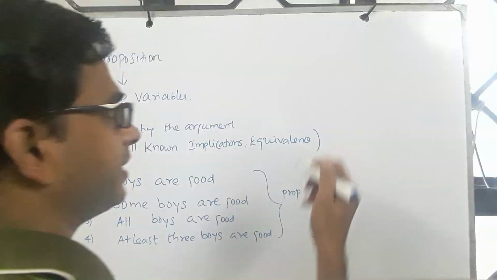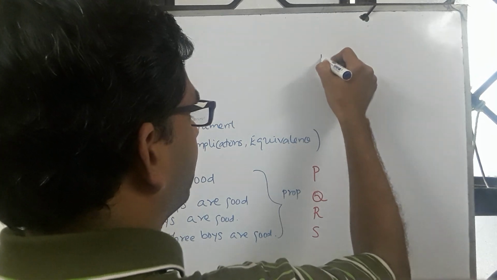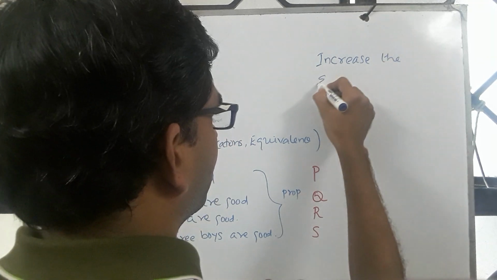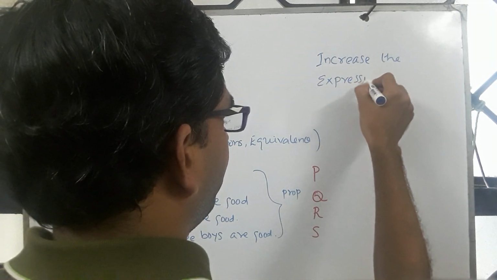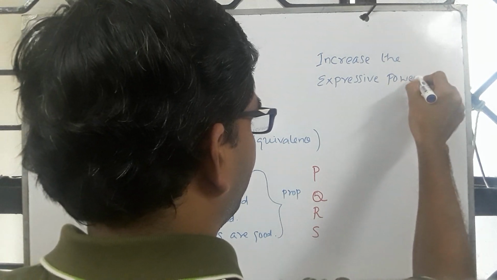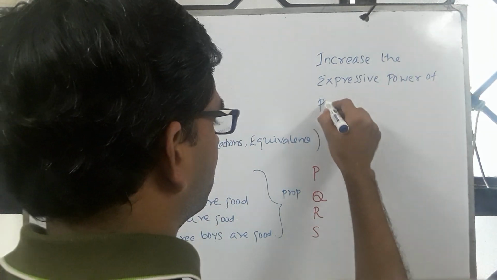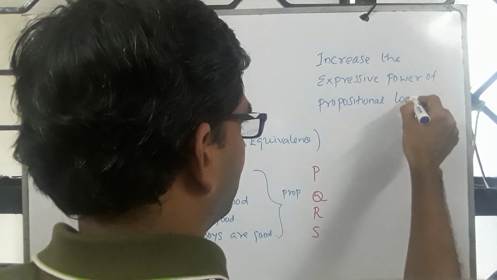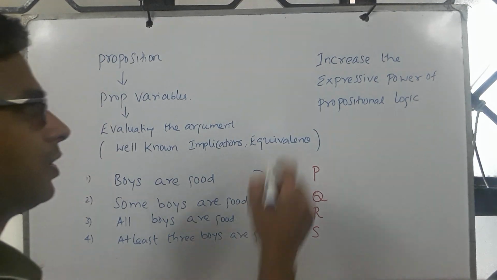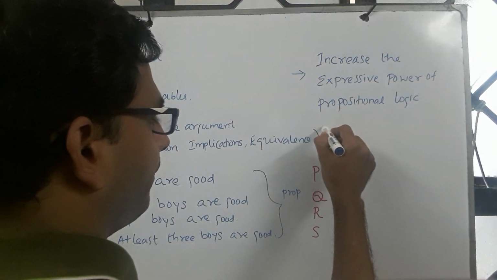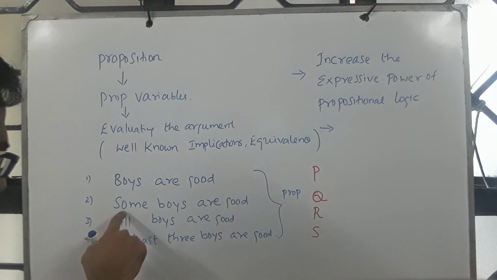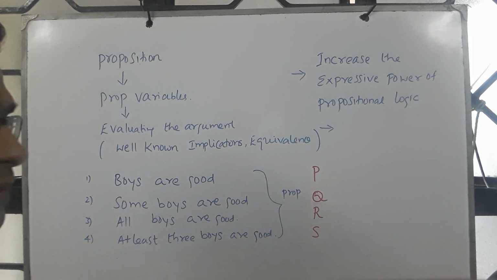So now we want to increase the expressive power of propositional logic. So what we want is something that will give importance to things like some, all, at least three, and so on.